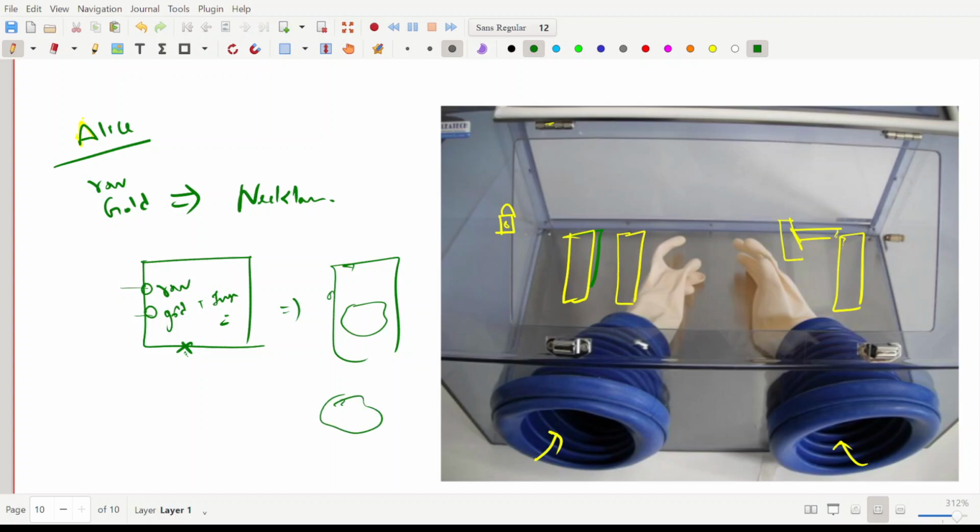So this is a physical analogy of the fully homomorphic encryption scheme, where you are performing computation on encrypted data and you are safe. Two things, as I told you, privacy and correctness, have been achieved here. Why privacy? Because the worker won't be able to take or steal any gold because of this glove box.